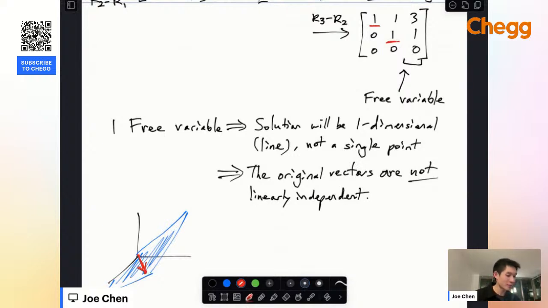And so it's somehow going along in the same direction as the other two vectors.